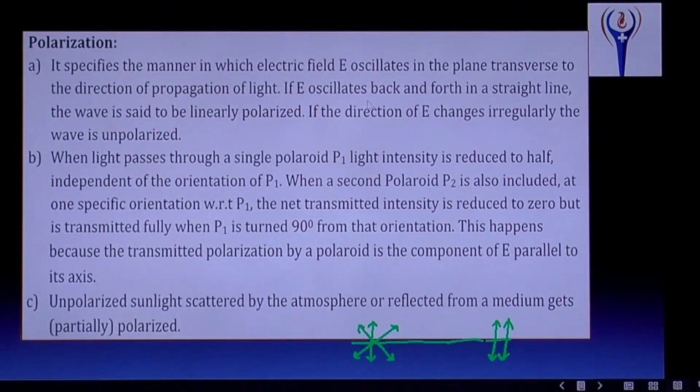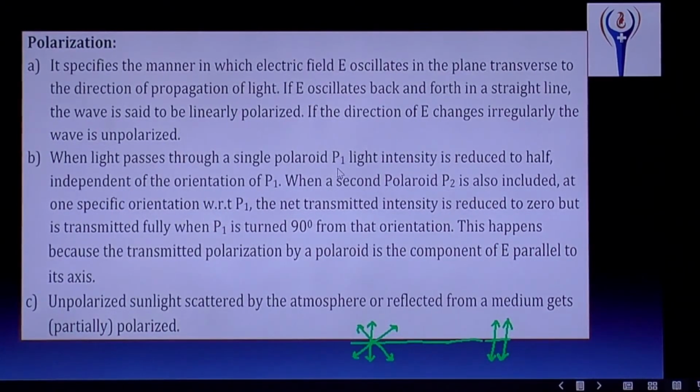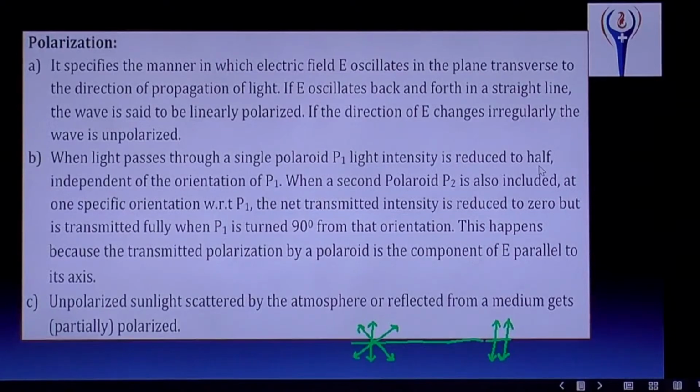If E oscillates back and forth in a straight line, the wave is said to be linearly polarized. If the direction of E changes irregularly, the wave is unpolarized. When light passes through a single Polaroid P1, the light intensity is reduced to half. When a second Polaroid P2 is included at a specific rotation with respect to P1, the net transmitted intensity is reduced further.